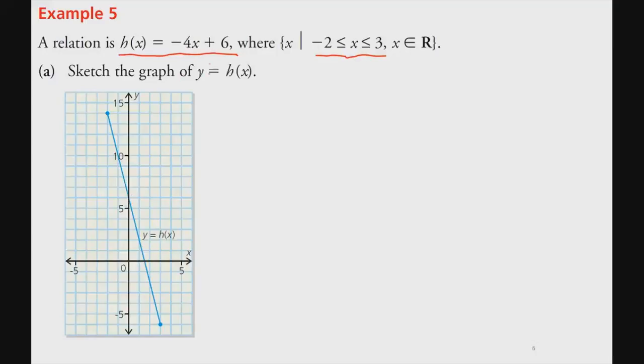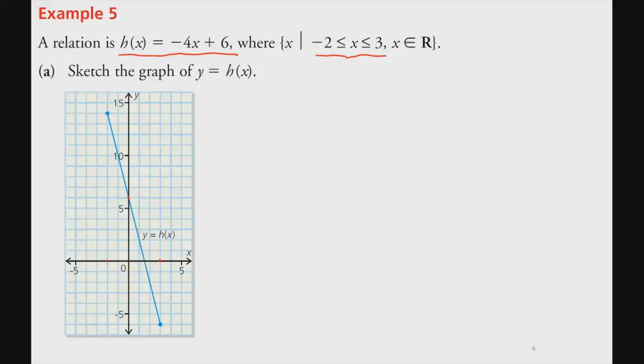Obviously the y-intercept is 6, so we could plot our 6 here. The slope is minus 4, so we would go down 4, 1, 2, 3, 4 over 1. Draw this as a line, and we know that it is only between minus 2 and 3. So that's why the line stops here.